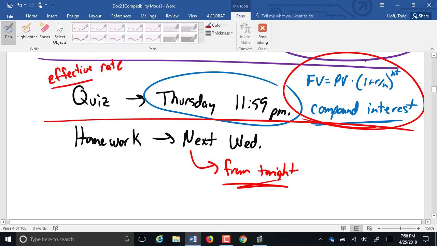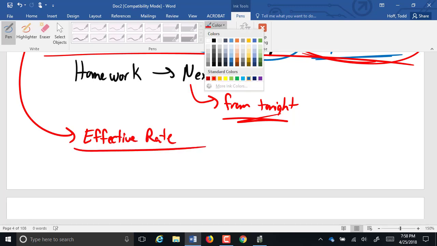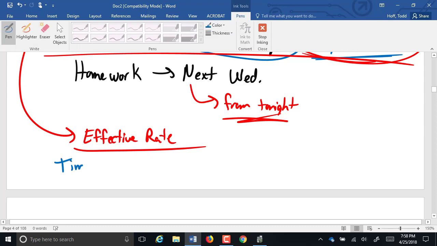And what are the big things you have to remember on effective rate? For effective rate, it comes down to the time. What's important about the time?